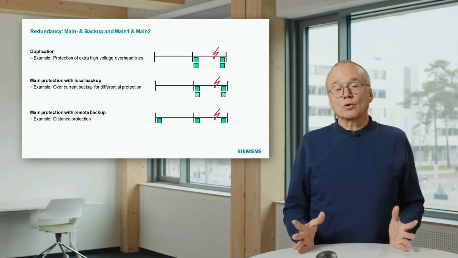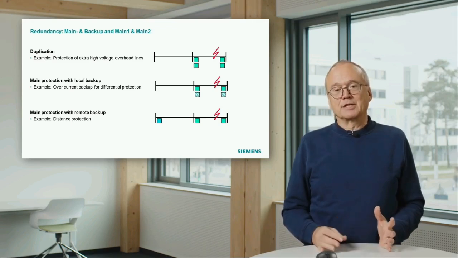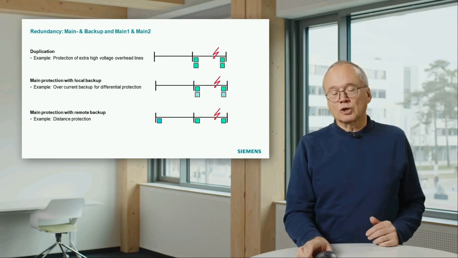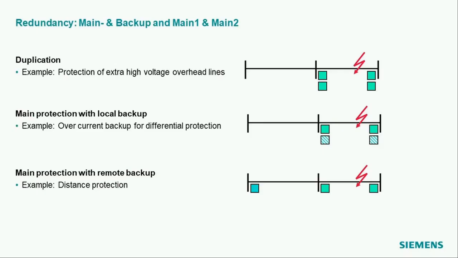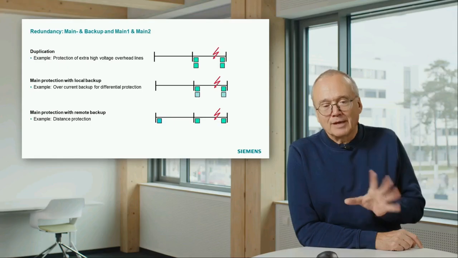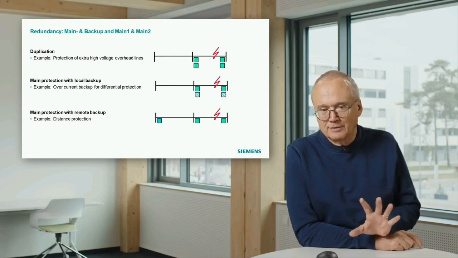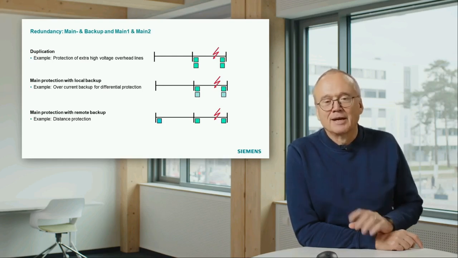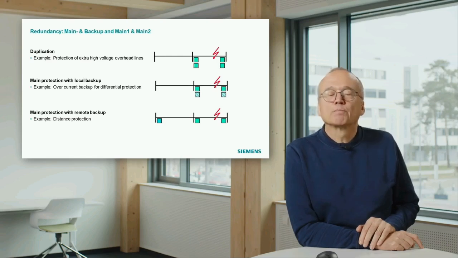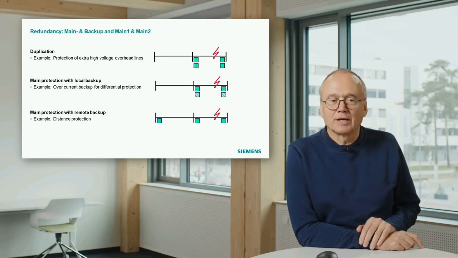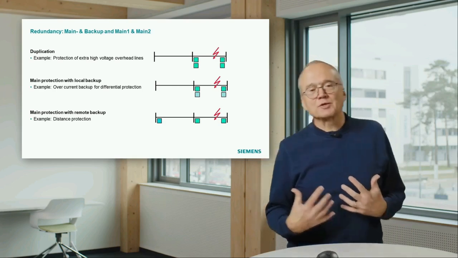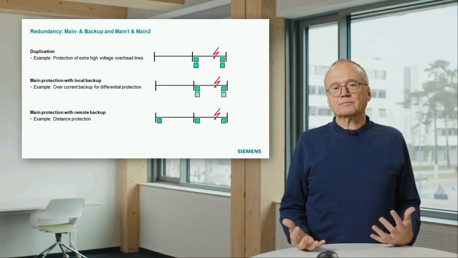And it's also not full selectivity because you lose not only the line with the fault, you lose also, in this case, the line on the left-hand side. But the fault is cleared. And that is a thing you find all over the different voltage levels in systems where you do protection with overcurrent and distance relays. We always use this concept of remote backup.